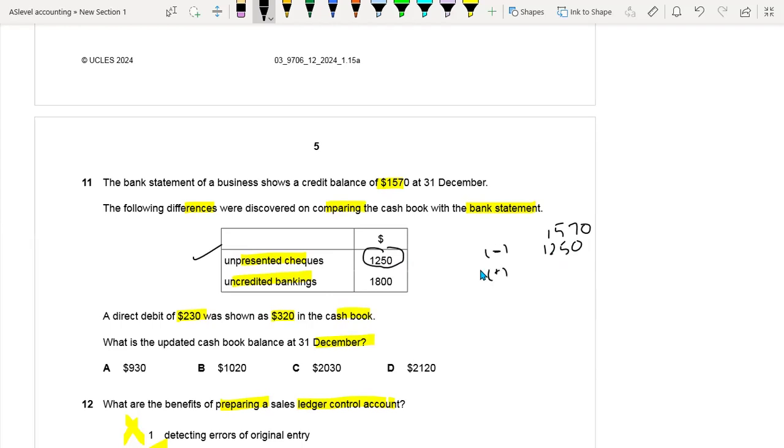Plus the uncredited bankings, which are equal to 1800. It means that we added it, but the bank didn't, so we have to add it here to find the cash book balance. So 1570 minus 1250 plus 1800 gives us 2120. This is the updated cash book balance. So D is the right option.